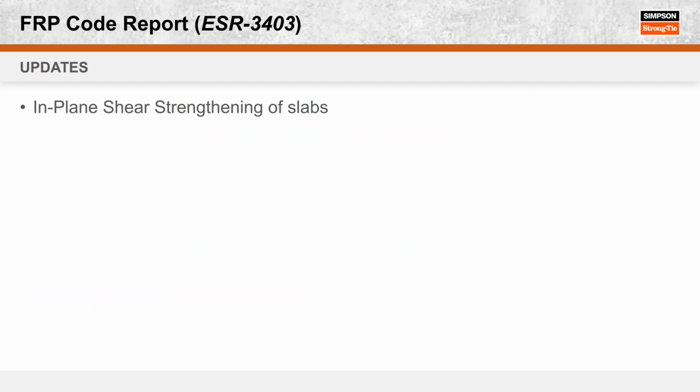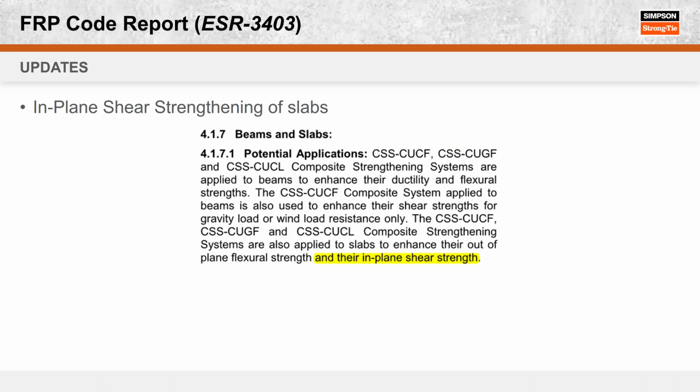So in-plane shear strengthening of slabs is a little bit weird. We didn't actually do any tests for this because there's nothing in the acceptance criteria now that tells you how to do this test. That highlighted language is what we added to our code report.